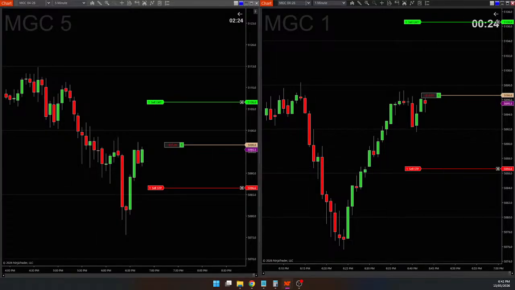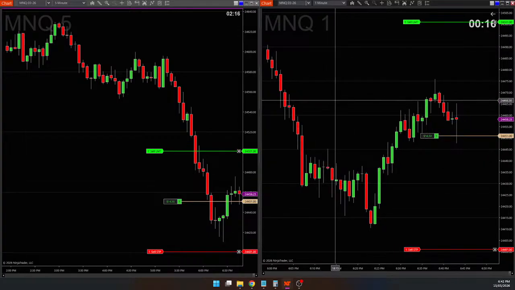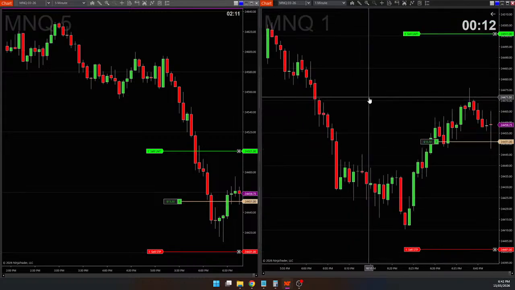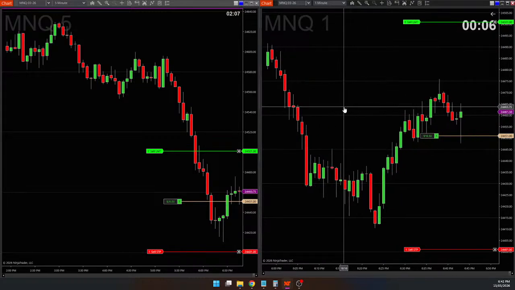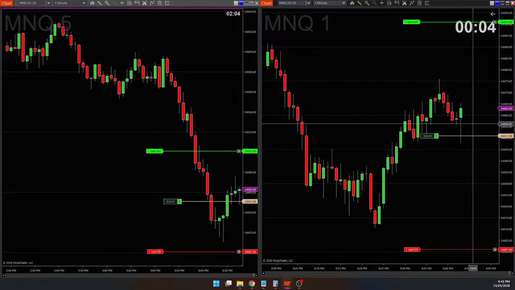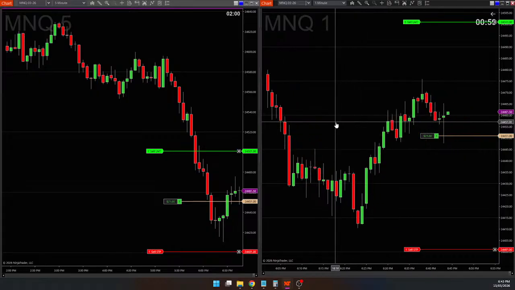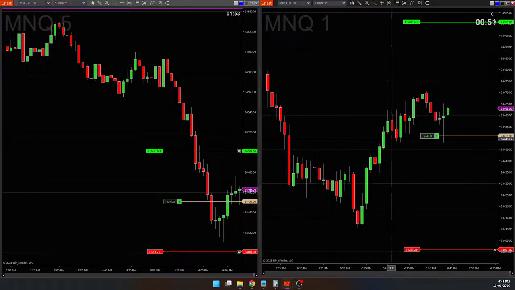MNQ's dipping. What are you doing, MNQ? Oh, yeah, he's dipping a bit, you can see that wick is down there. So it's just interacting with these new levels that are here.